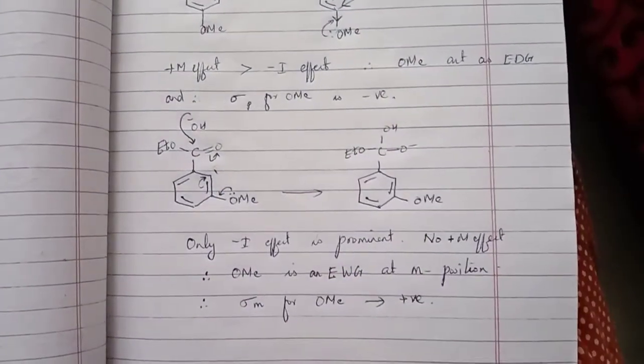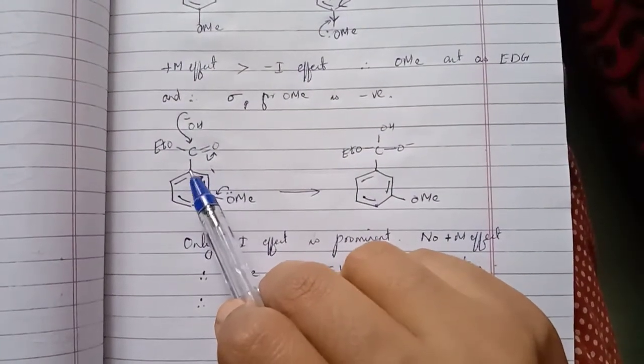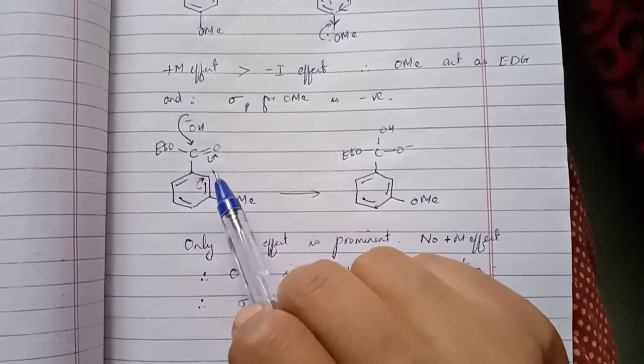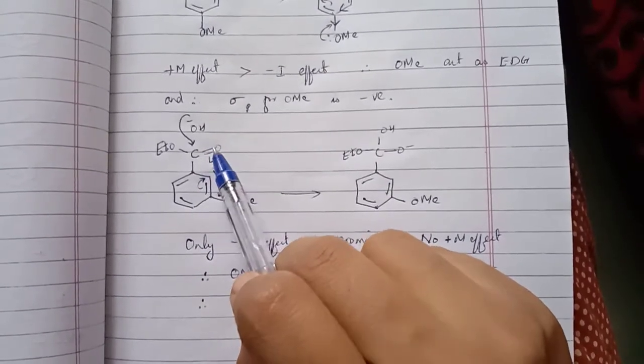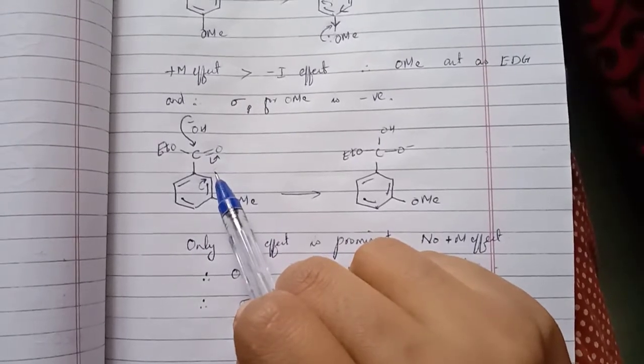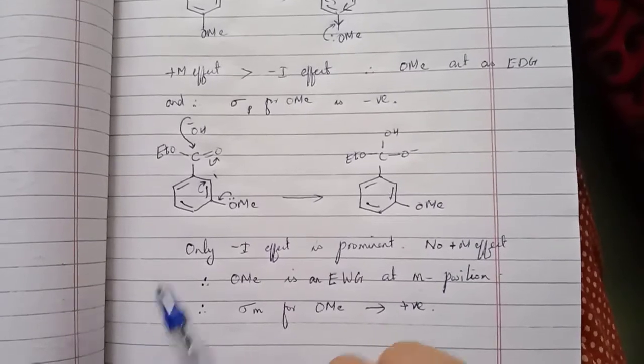That negative charge won't reach here. It will be here only, more distant from oxygen. So that plus M effect is not much prominent.